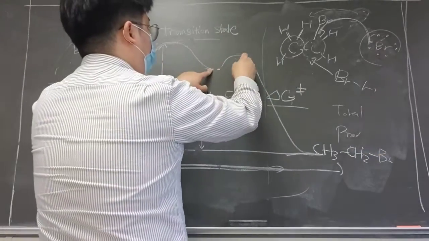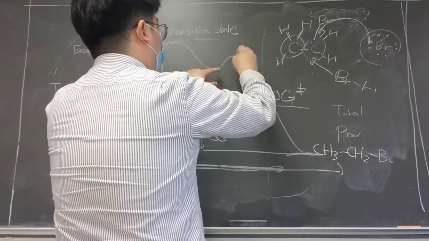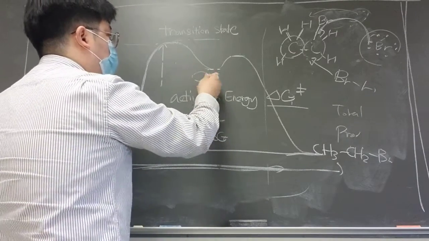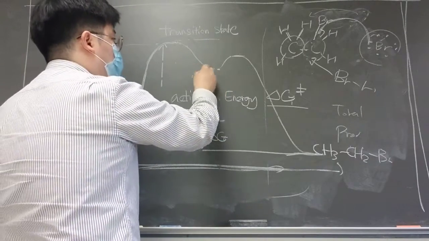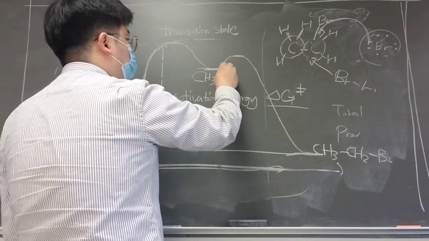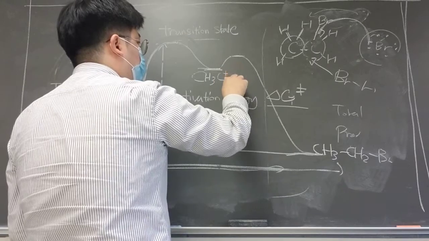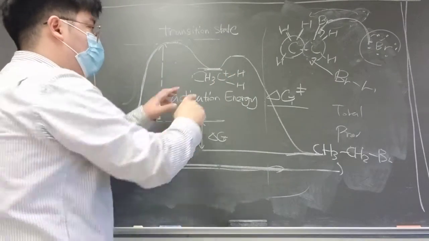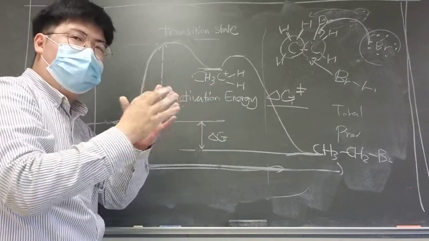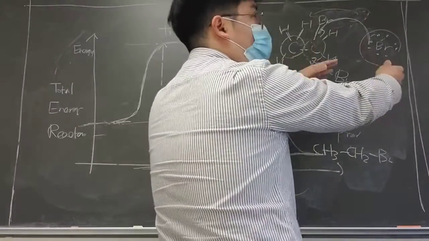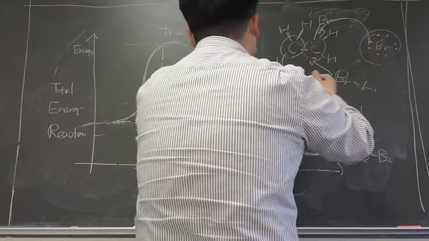And this is why you also have what we call a reaction intermediate. This is the one with the carbocation. So this is kind of a product, but in the middle, because it's happening kind of two-stepwise.